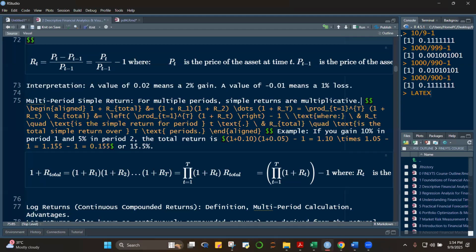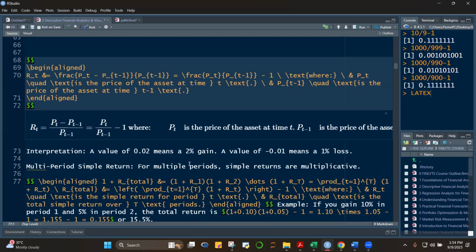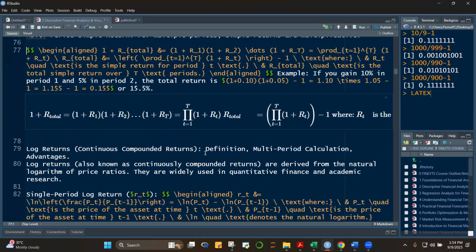Okay, so let's write this. What's our goal, class? We want this formula: 1 plus R total is equal to, so this is multi-period. So this is only the returns of one period. What if you have several periods?